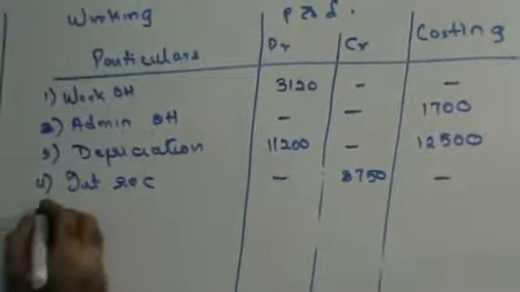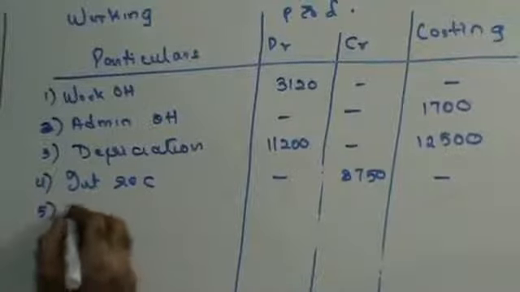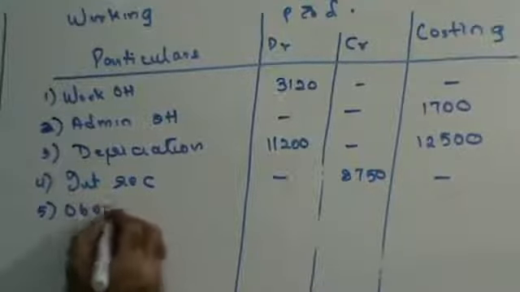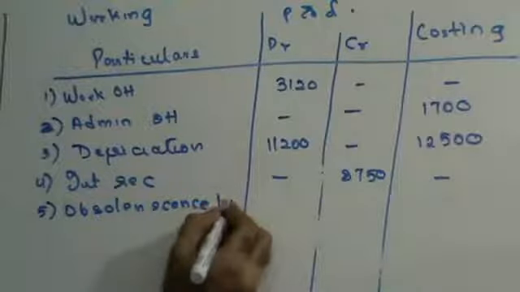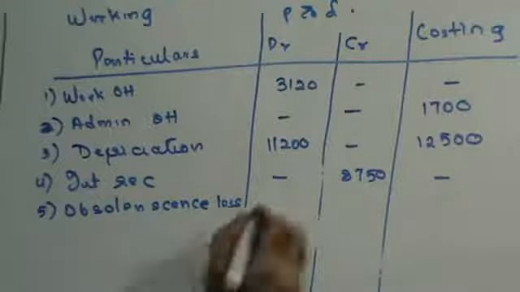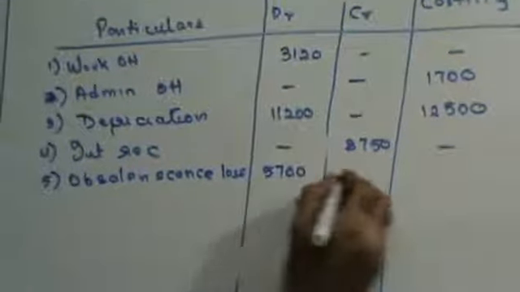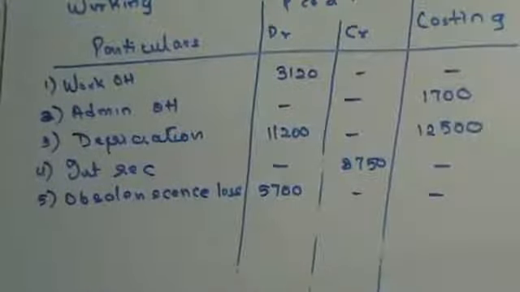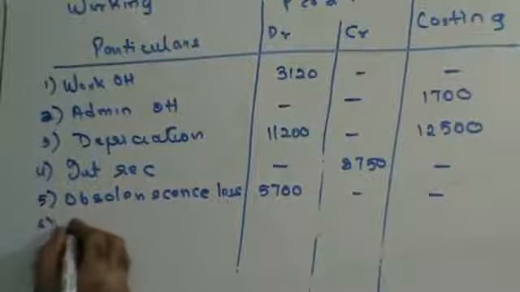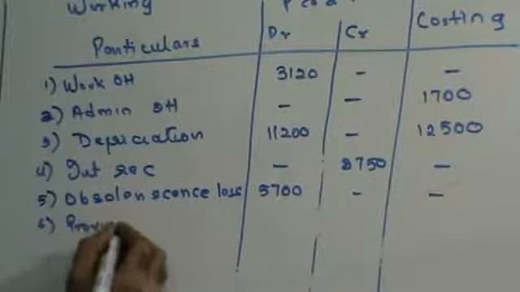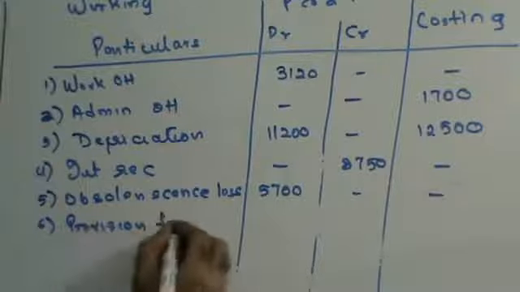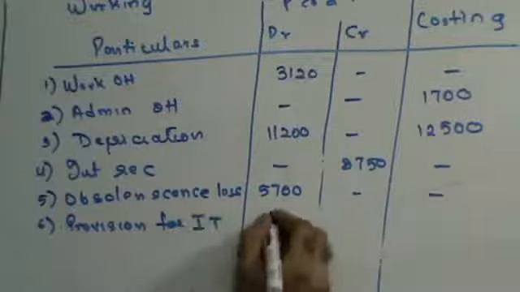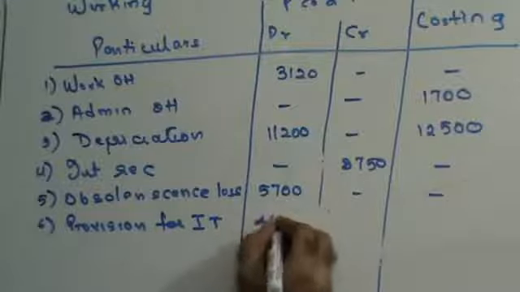Next, obsolescence loss. In financial only. Loss in financial account only. Next, provision for income tax. We don't have provision for income tax in costing. So it's an expense, 40,300.